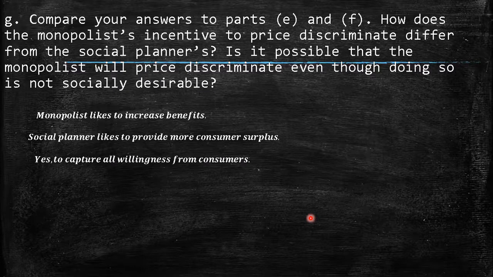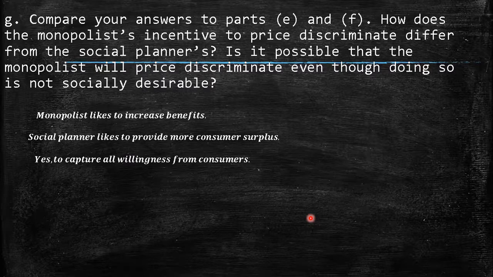Even if it's not socially desirable, it can be okay sometimes, because when you discriminate and charge another price to other people, you are trying to incorporate those consumers that were out of the market, because you provide a lower price so they can enter the market.